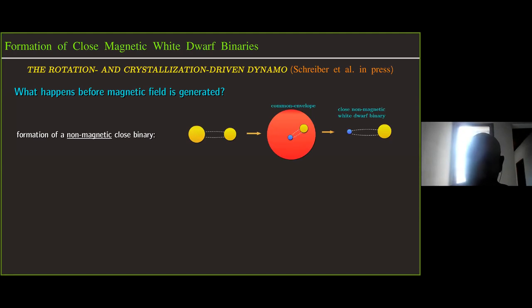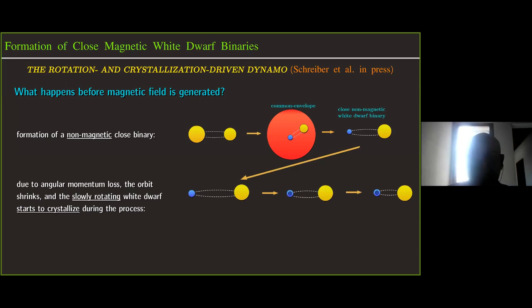So what happens before the magnetic field is generated is basically what we have just listened from Stephen and Anna. We have a common envelope phase, and then this common envelope phase leads to a close binary. But this close binary now hosts a slowly rotating non-magnetic white dwarf.